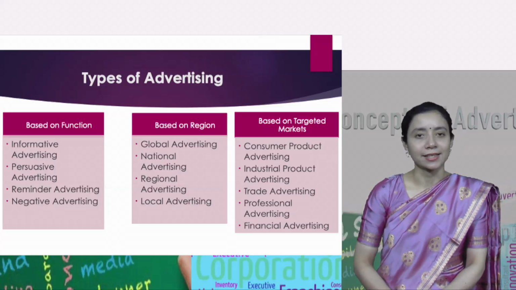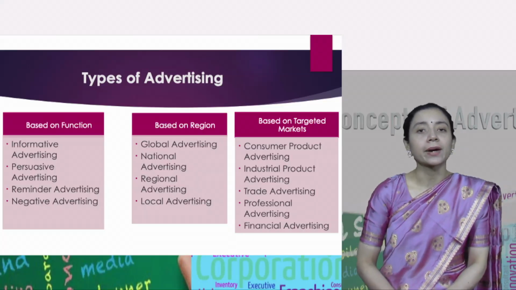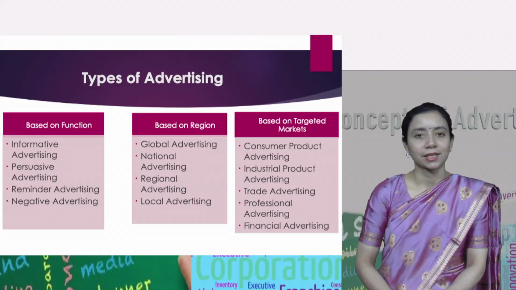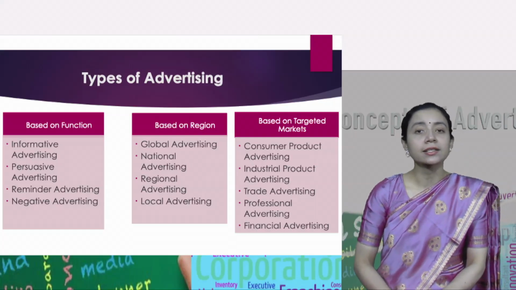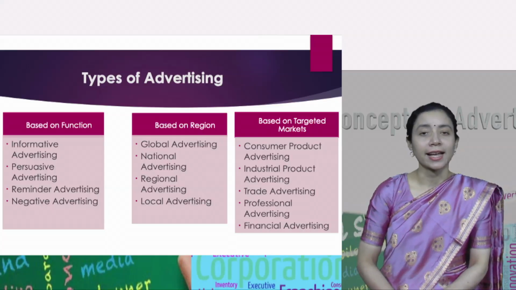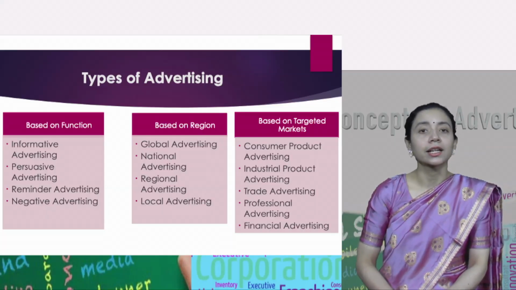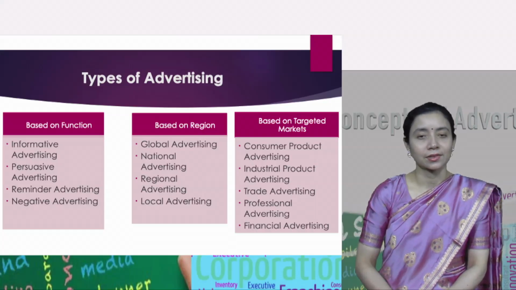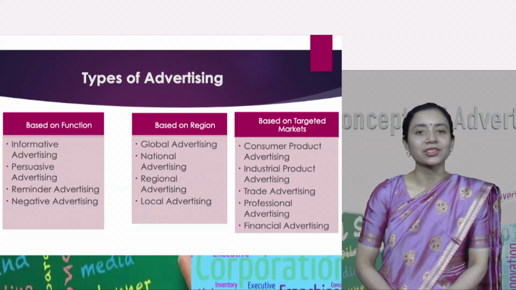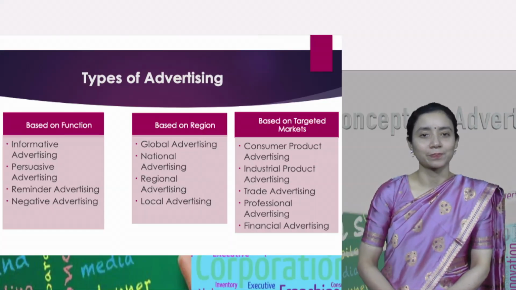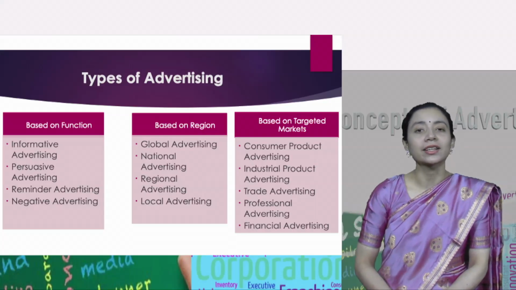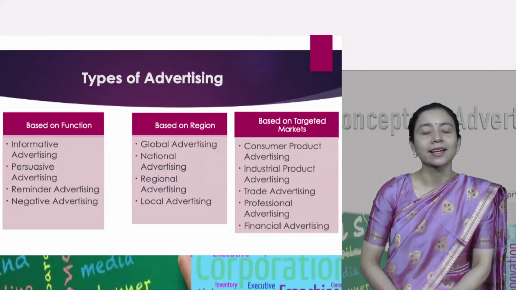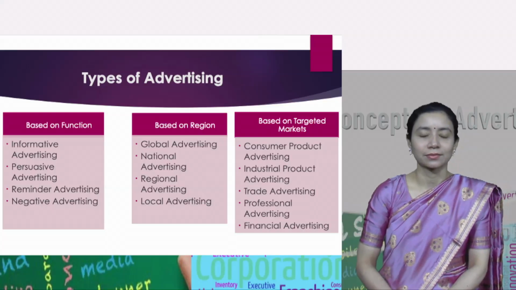This type of advertising is executed by a firm at the national level. And this is done to increase the demand of its products and services throughout the country. Then we have regional advertising. Now, if the manufacturer confines his advertising to a single region of the country, its promotional exercise is known as regional advertising.